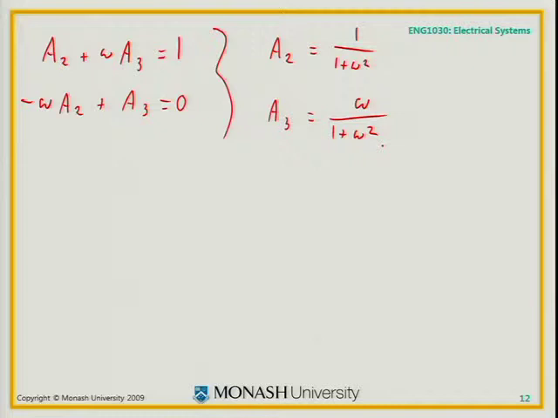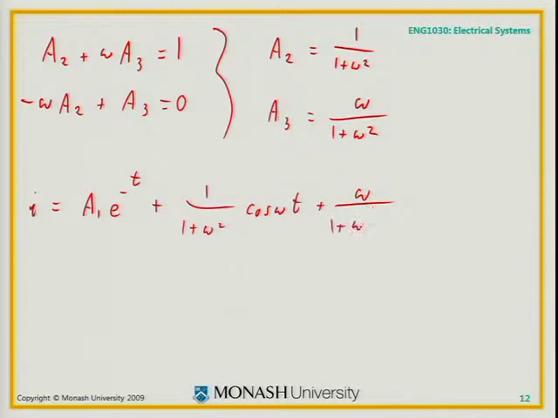So I will equal A1 e to the minus t if I plug them back in, and I don't know about A1 yet, that just disappeared. So what I've done so far doesn't tell me what A1 is. But it's plus 1 on 1 plus omega squared cos omega t plus omega on 1 plus omega squared sine omega t.